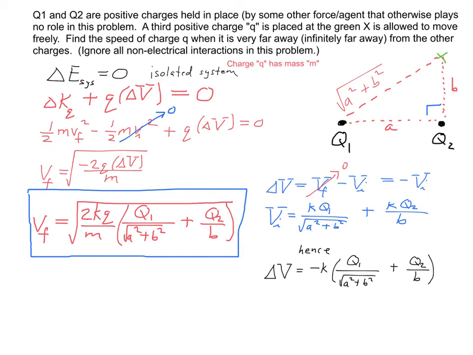Let's do some reality checking with this result. First of all, we expect a greater speed for greater amounts of charge Q1, Q2, and little q, because the greater they are, the greater the repulsion, and we see that here. If this and this are bigger, we get a greater final speed. Also, the greater the mass, the smaller the final speed, because it'll be harder to accelerate a large mass with a given amount of potential energy change.